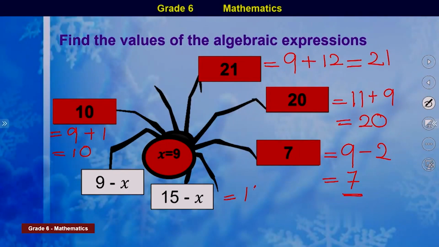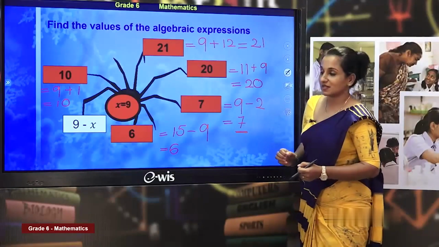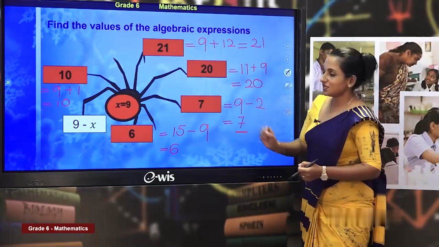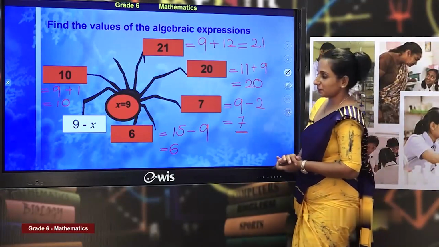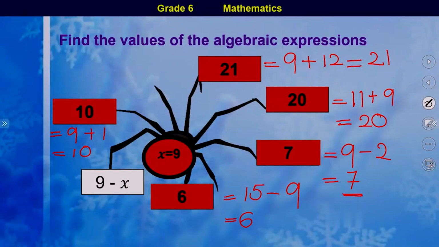I have 15 minus, instead of x, I am substituting 9. 15 minus 9 is 6. Okay, well done. Let's move to the last algebraic expression. I have 9 minus x.